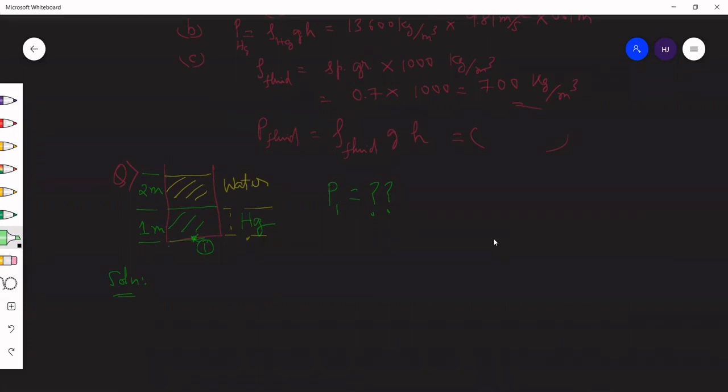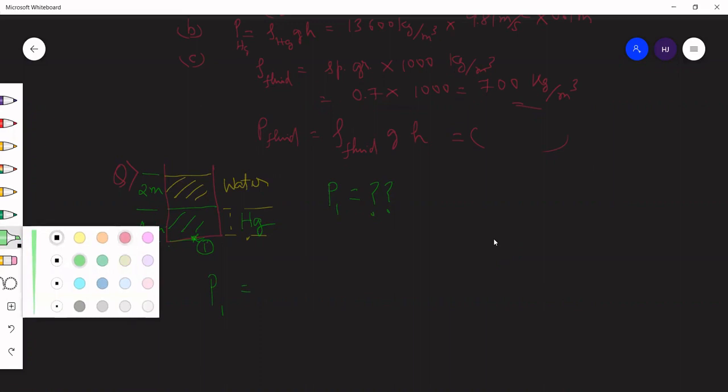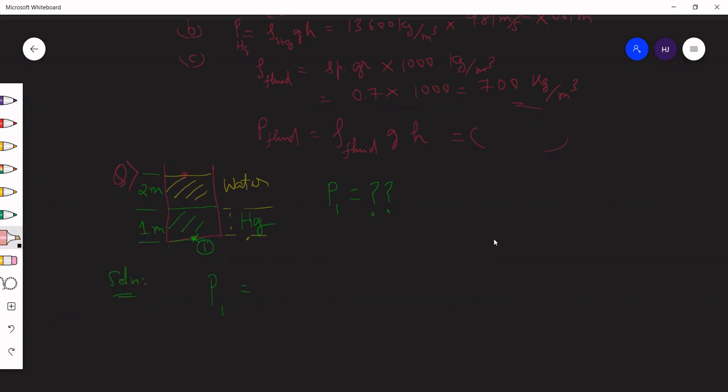Use the same formula, same logic. You are here. When you are here, what is the pressure? Atmospheric pressure, correct, no? As you go down, your pressure is increasing or not? As you go down, pressure is increasing.